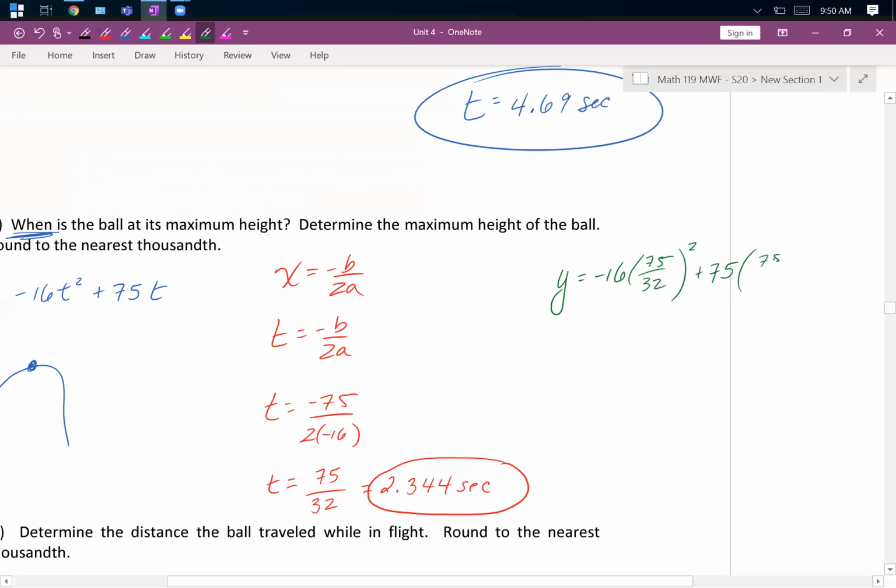But in my notes, I plugged in a rounded answer, so I want somebody else to give me what the exact answer is here. Well, rounded to the nearest thousandth. I don't know if it's going to be off from what I have written in my notes.